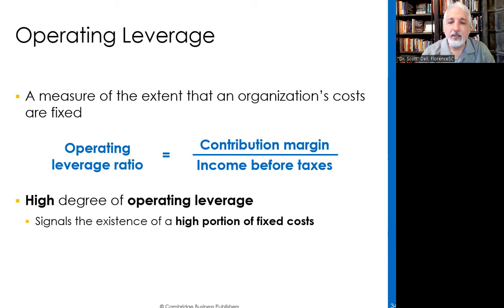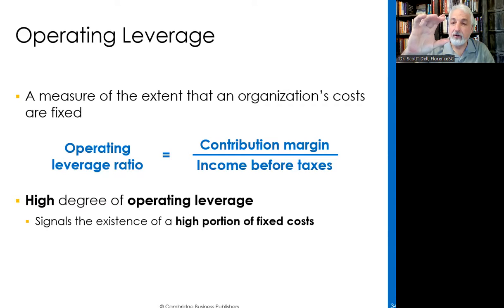So our operating leverage ratio: we take our contribution margin, CM, divided by income before taxes. Again, contribution margin is revenues minus variable costs. So if we have higher variable costs, we have a lower contribution margin.